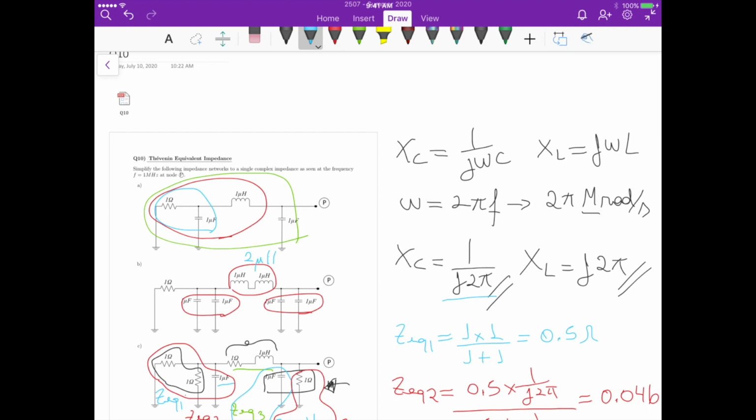This one here becomes 2 microfarad, and this one here becomes 2 microfarads. Okay, so you just have to calculate new reactances, and you simplify the number of parallels and series that you have to calculate. Okay, so that's it for this.